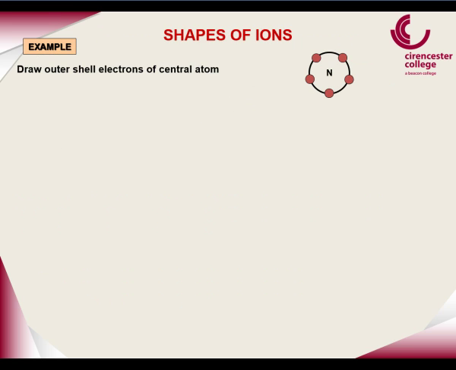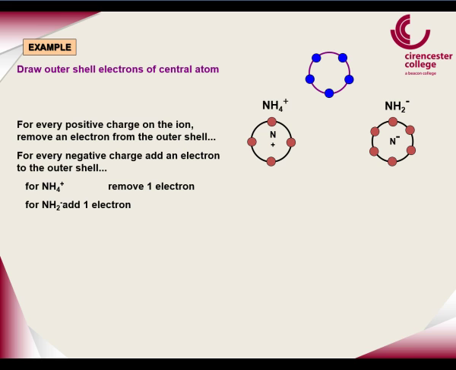And I'm going to start with my nitrogen atom. I've got 5 electrons around it, and I'm going to look at 2 specific cases of nitrogen ions. On the left hand side, I've got the ammonium ion.